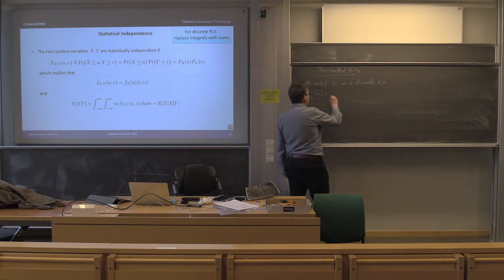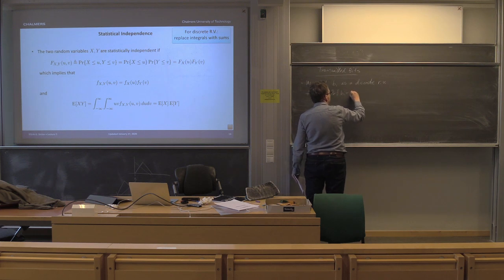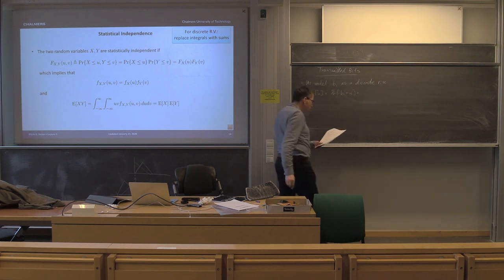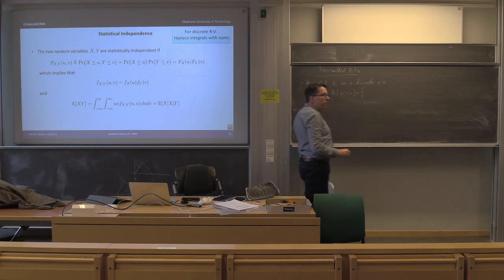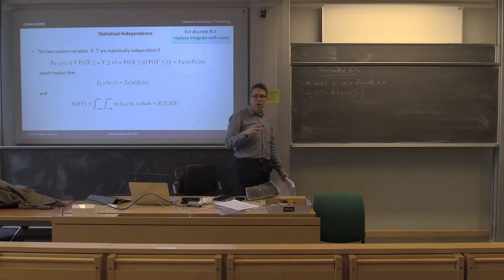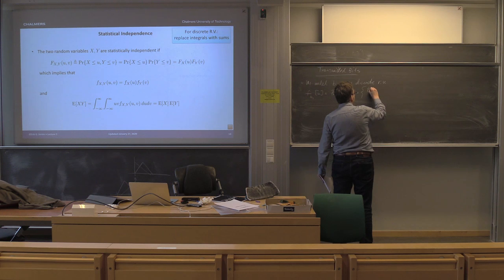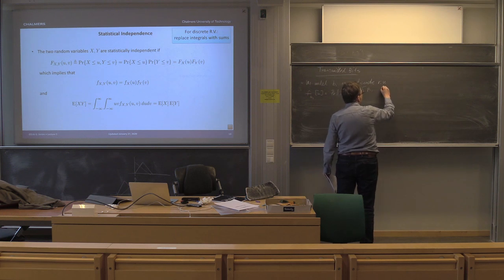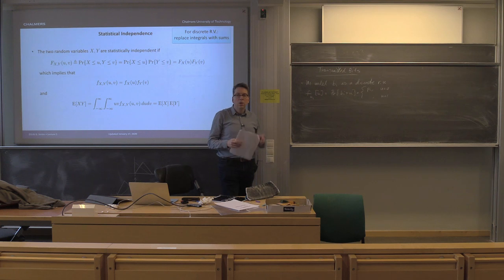So this is by definition the probability that bi is equal to u, which in the case of bits is very simple. It has two values, 0 or 1, and there is a probability associated with this. So we can think of this as being equal to some number pi when u is equal to 0. And then we need to specify what happens when u is equal to 1.